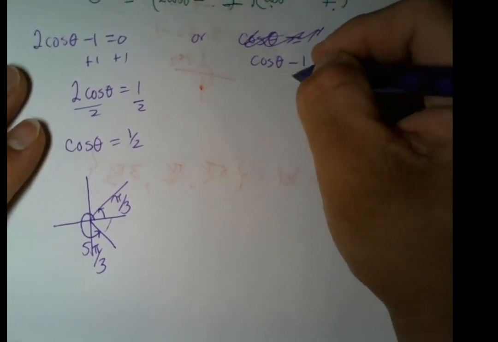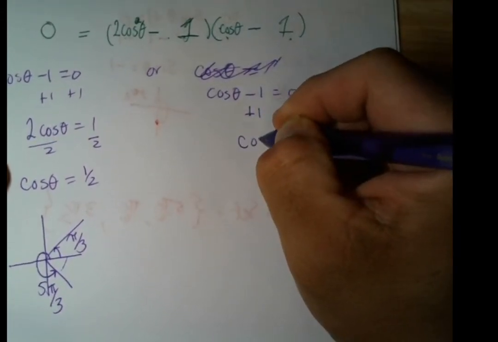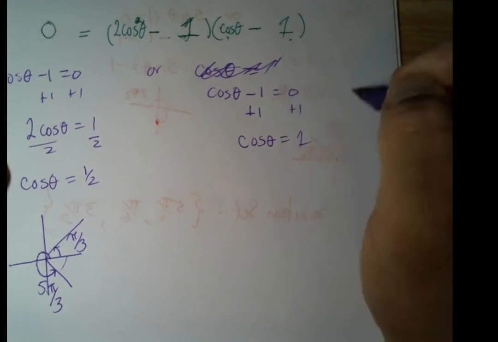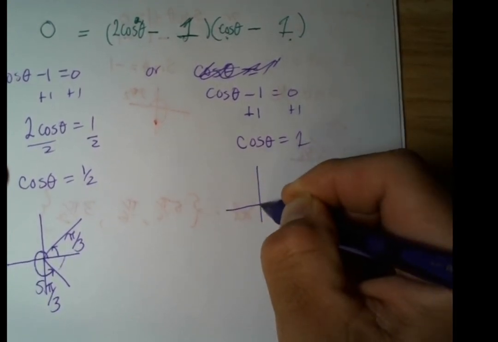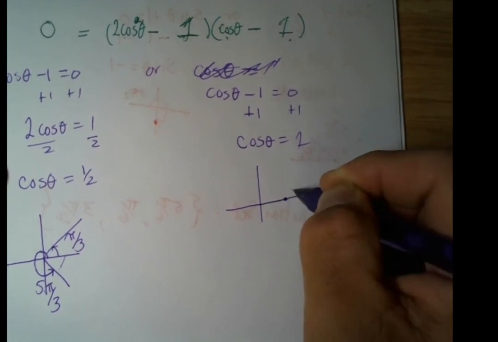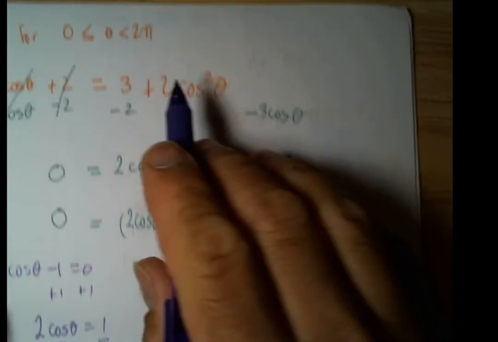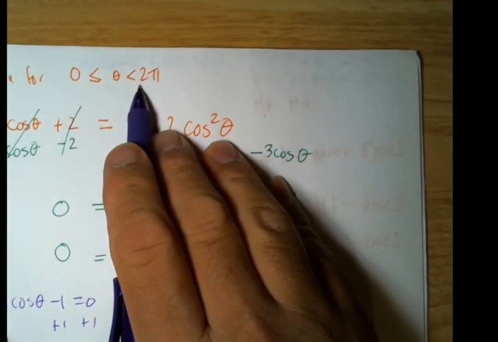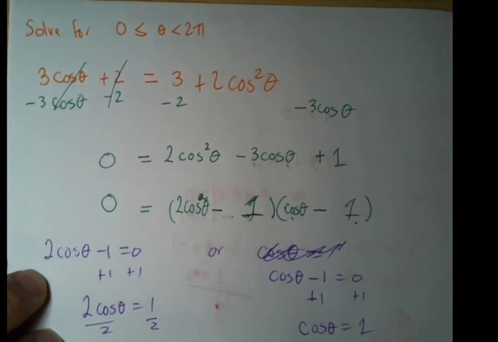For our second factor, we add 1 to both sides, and we get cosine of theta is equal to 1. And this will be a quadrantal angle. Cosine of theta being 1 happens out here, and that would be when the angle is 0. Or 2 pi, but again, 2 pi falls outside of our interval, it's the border of our interval.